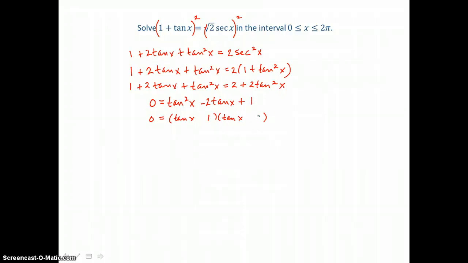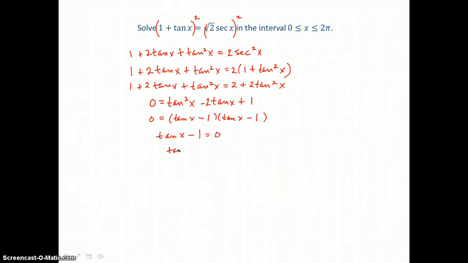If I make them both negative, then my middle term is negative 1 tangent x plus negative 1 tangent x. That's negative 2 tangent x. So my factoring checks, and what I have is a binomial times itself. So what we factored was a perfect square trinomial. And when I use the zero product property, since those binomials are the same, I only have to set one of them equal to 0 to get my solution.